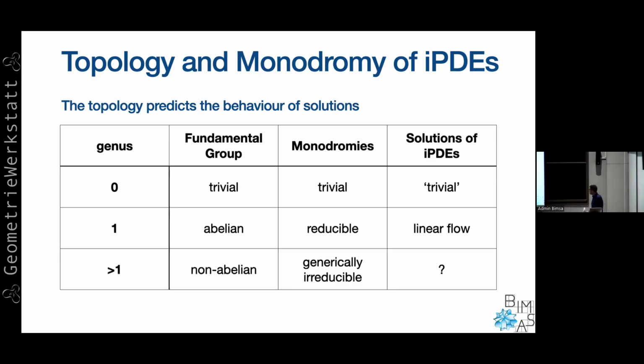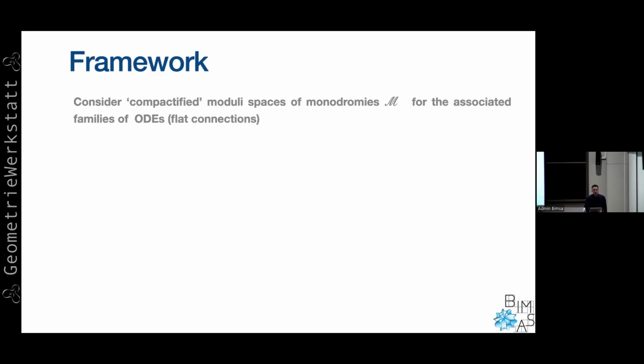So for higher genus, the fundamental group is, of course, non-abelian. The generic monodromy is irreducible, and the solutions don't linearize anymore, so things get more complicated. So what are we doing in order to overcome these problems? One of the basic ideas here is to look at some kind of compactified moduli space of these possible monodromies. This is usually called the Deligne-Hitchin moduli space.